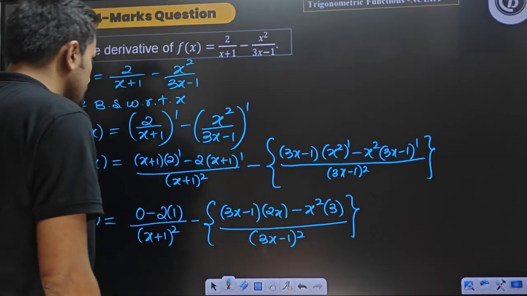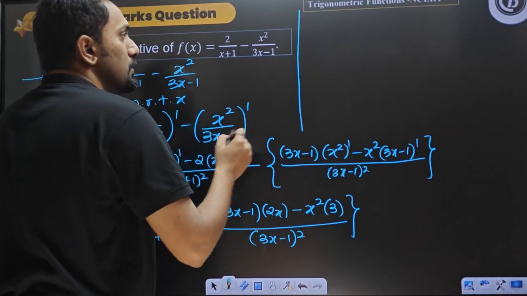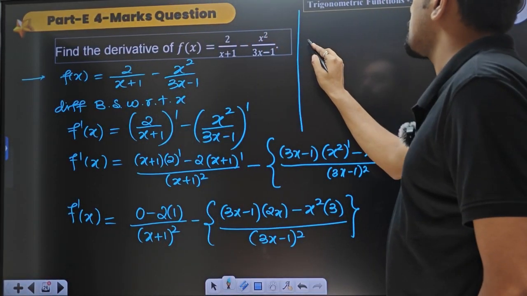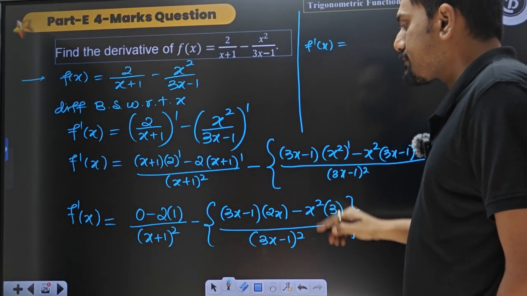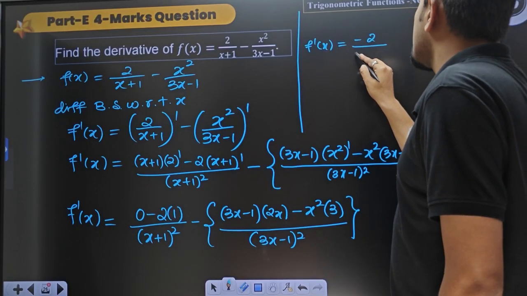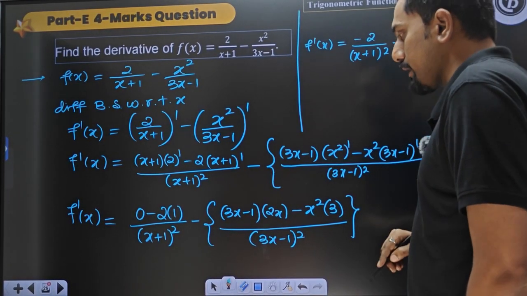Okay. Then lastly we will just simplify. So f dash of x is equals to minus 2 divided by x plus 1 whole square. Okay.